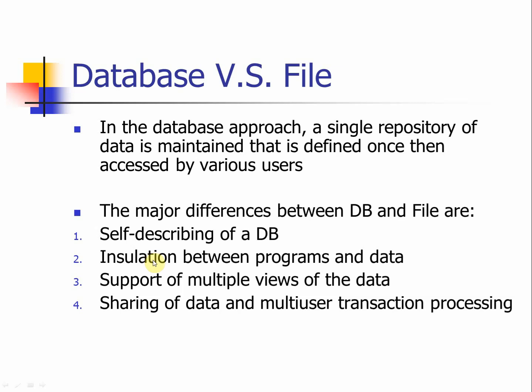You also need to separate the programs and the data. It supports multiple views of the data. Different people will have different views of the database. Finally, sharing of the data and multiple user transaction processing, so that we are able to do concurrency control. Therefore, let's take a look at each one of these characteristics in detail.